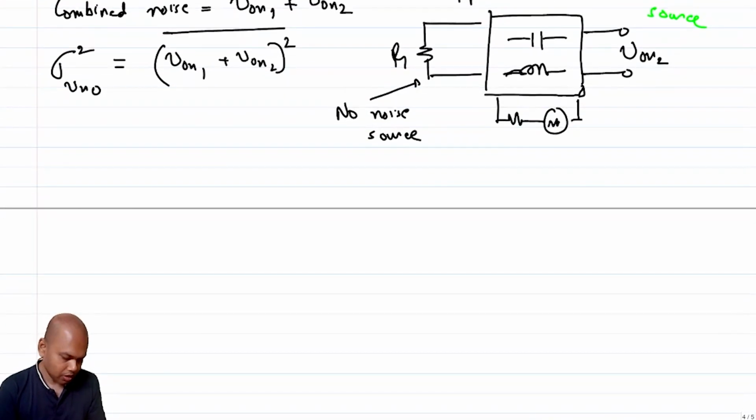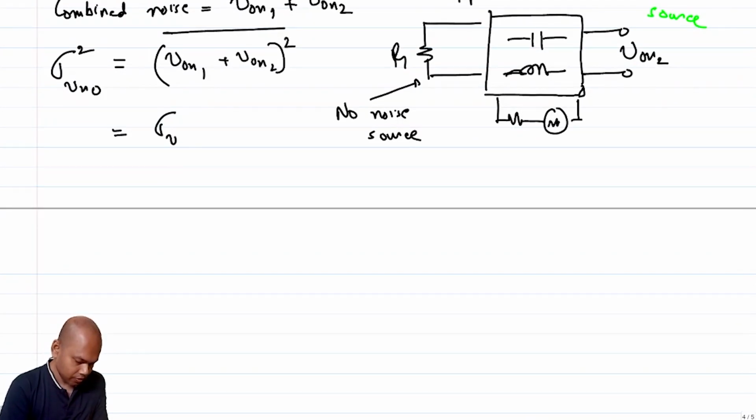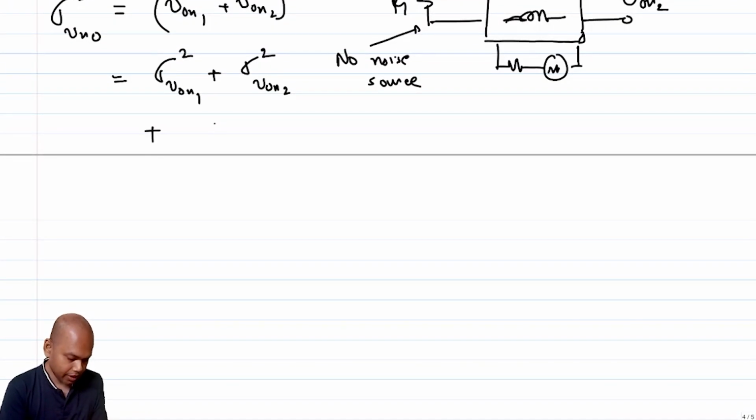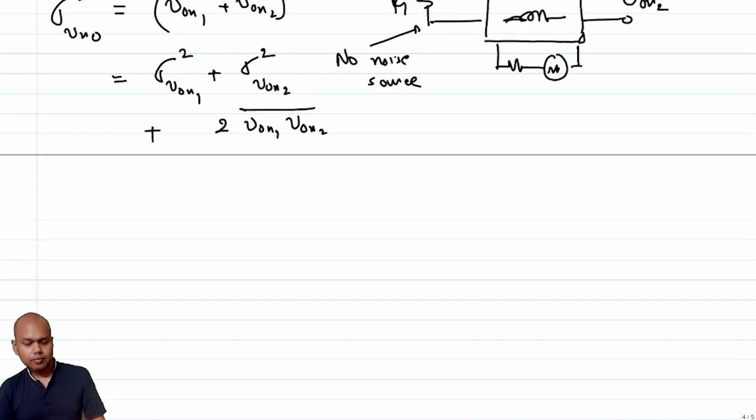So if I square this, what do I get? I essentially get the variance of VON1 squared, so basically sigma squared VON1 plus sigma squared VON2, plus I get 2 VON1 VON2 and the expectation of that.